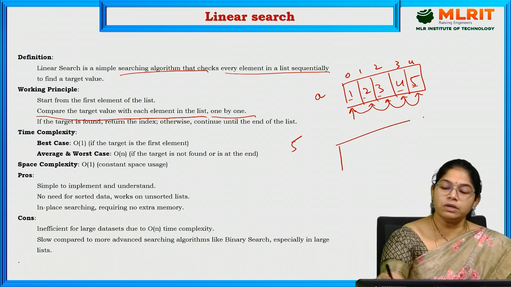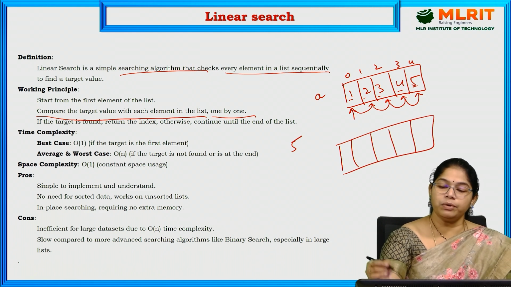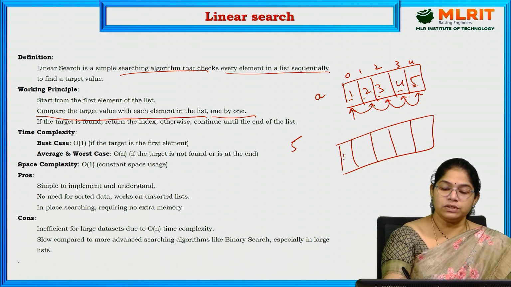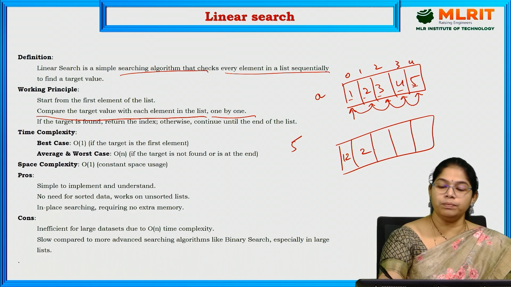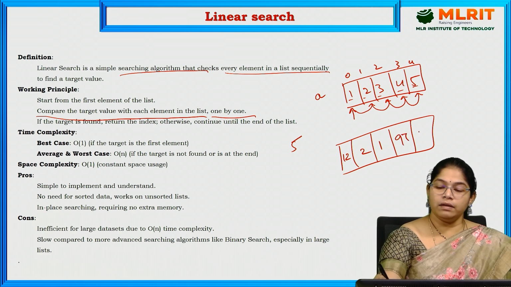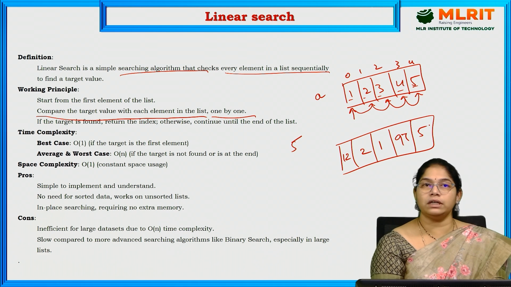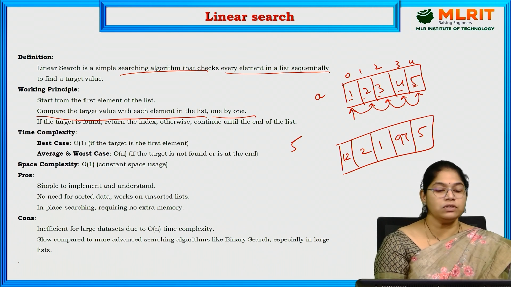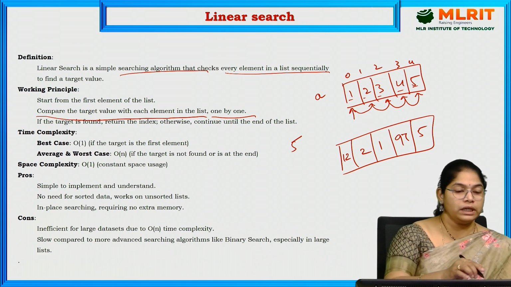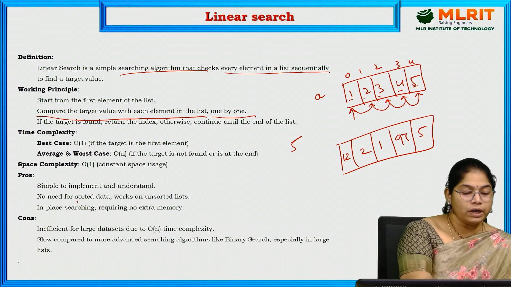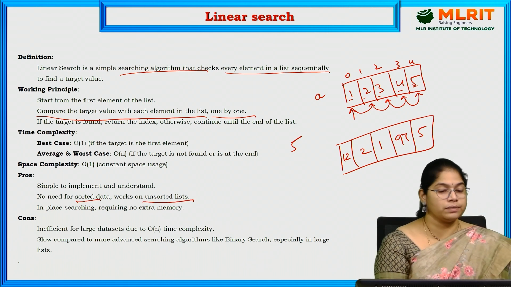We can also take an unsorted list, suppose 12, 2, 1, 97, then 5. Linear search can be performed on both sorted and unsorted lists.